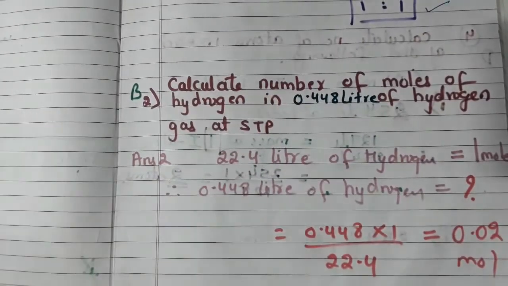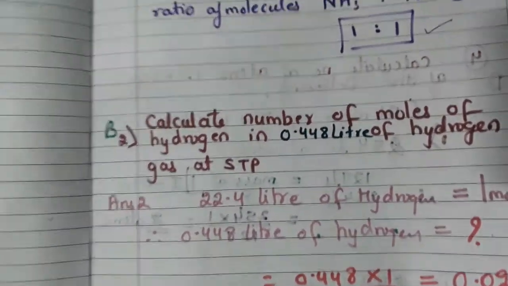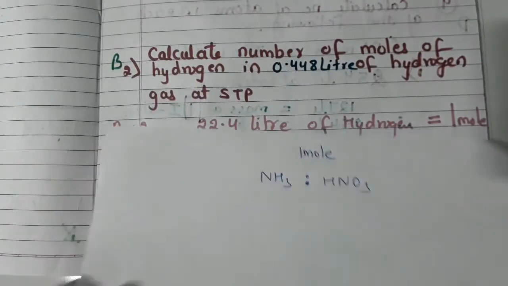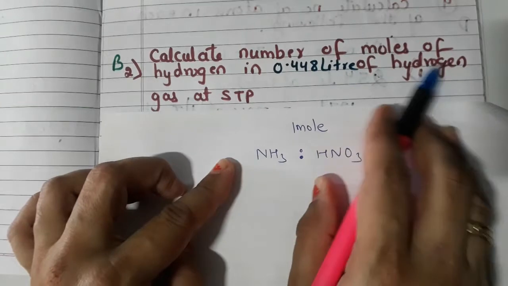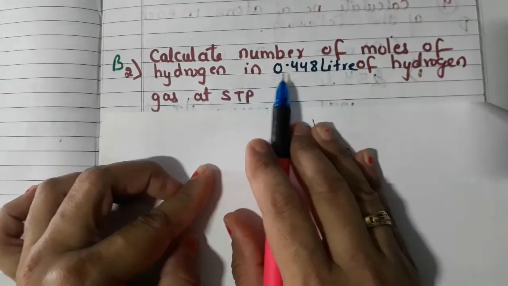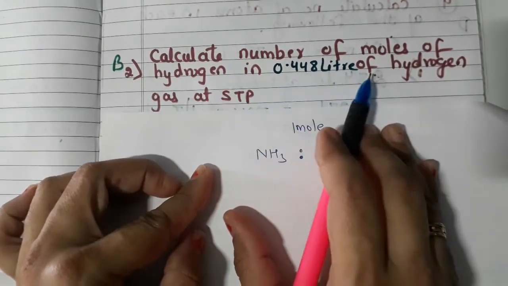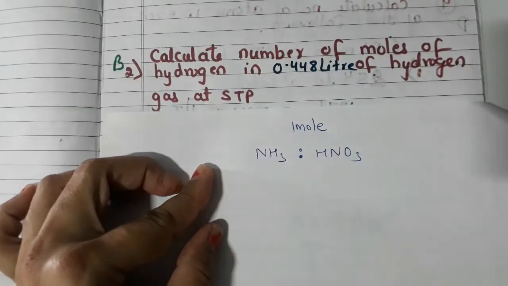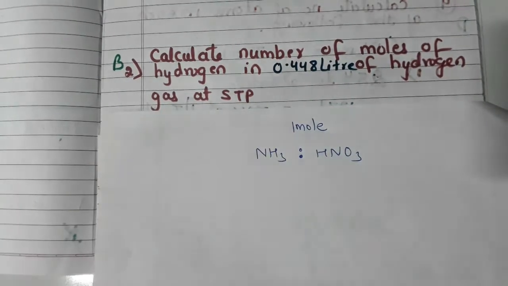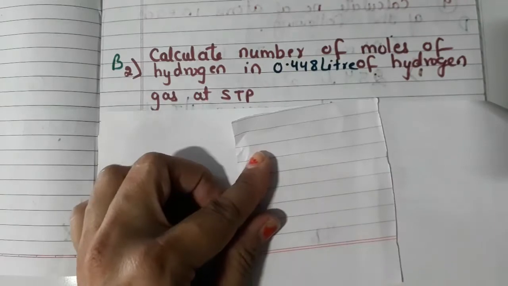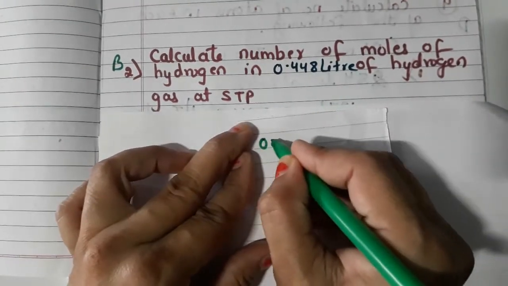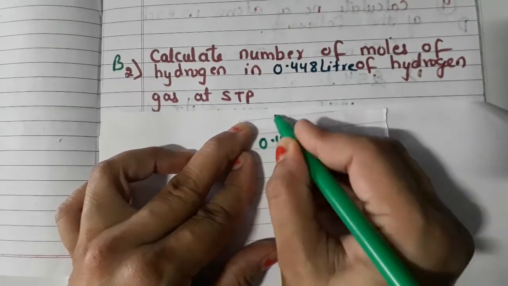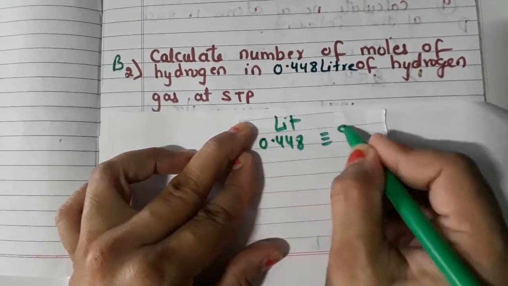We move on to the second numerical, which is: calculate the number of moles of hydrogen present in 0.448 liters of hydrogen gas at STP. Now, in order to solve this, let us go to our basics. They are asking how many moles are present in 0.448 liters.